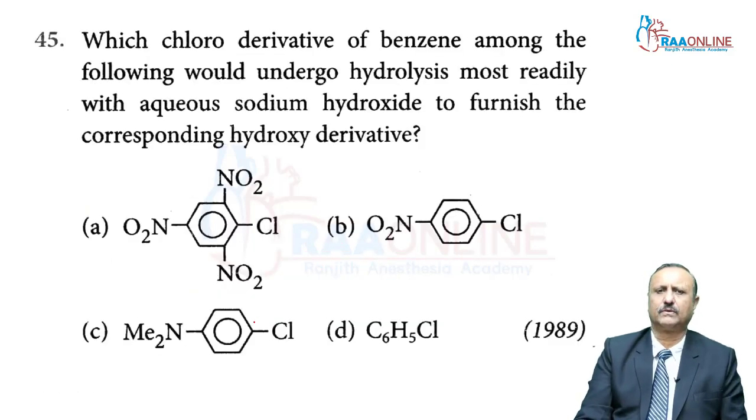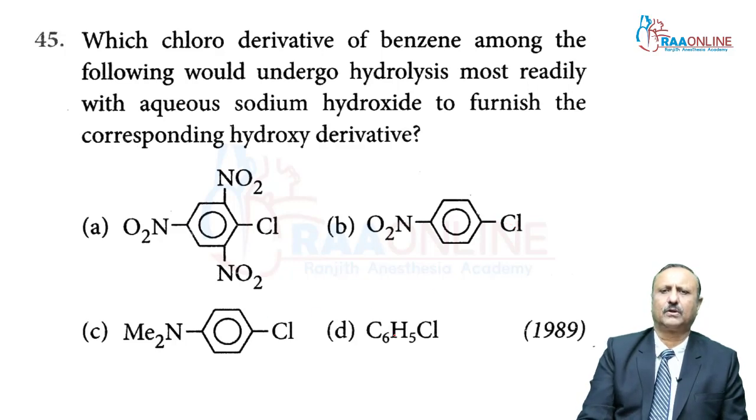Now, my dear students, we can go to question number 45. Here, which chloro-derivative of benzene among the following would undergo hydrolysis most readily with aqueous sodium hydroxide to furnish the corresponding hydroxy derivative? My dear students, these are all chlorobenzene derivatives.